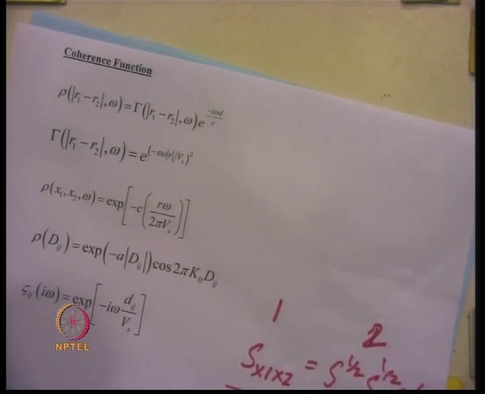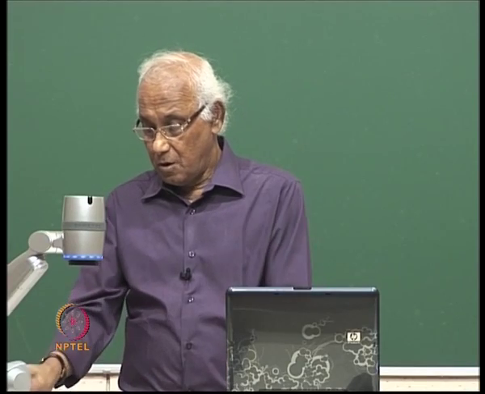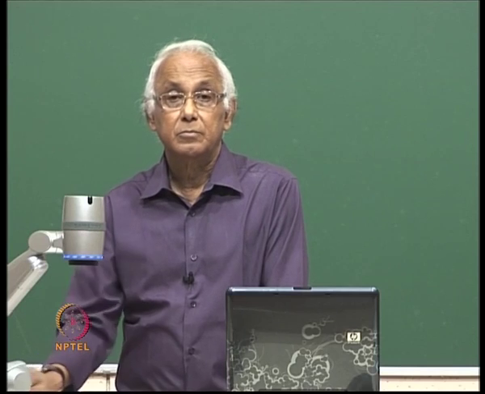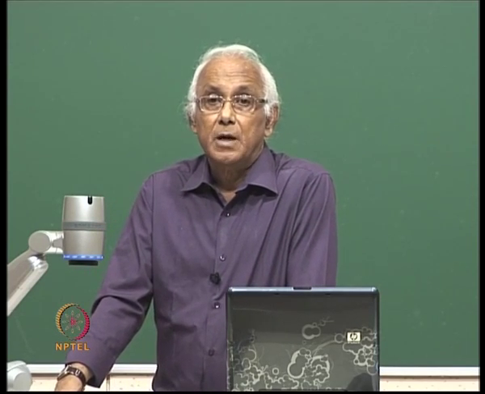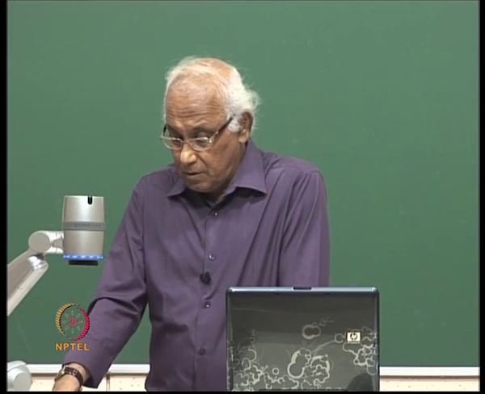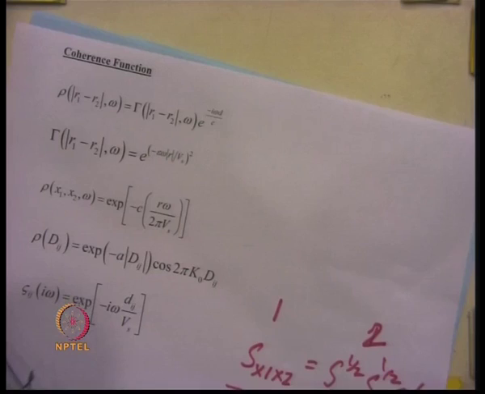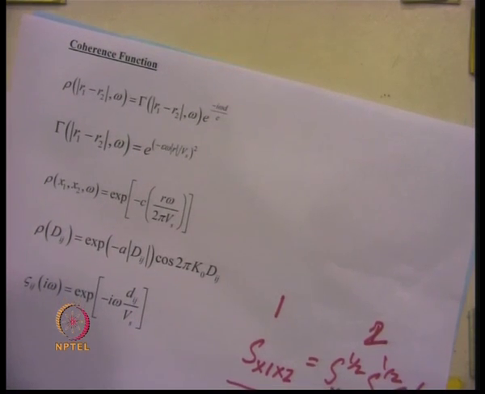So, if the power spectral density function of the ground motion in terms of acceleration or displacement is given, then one can find the cross power spectral density function provided one knows the coherence function. Different forms of the coherence function are given in the literature.